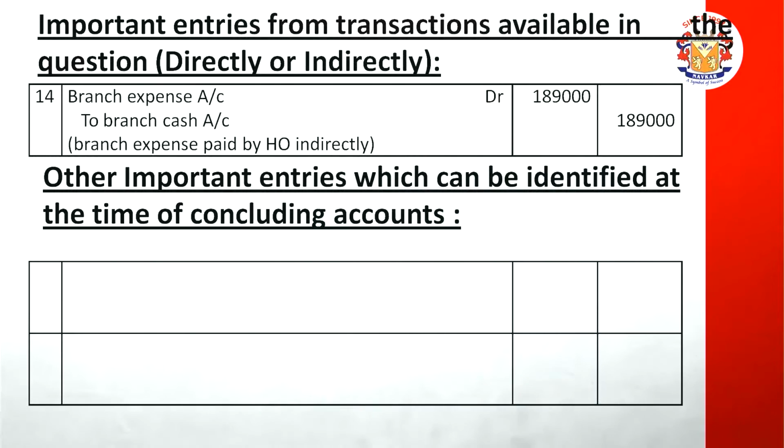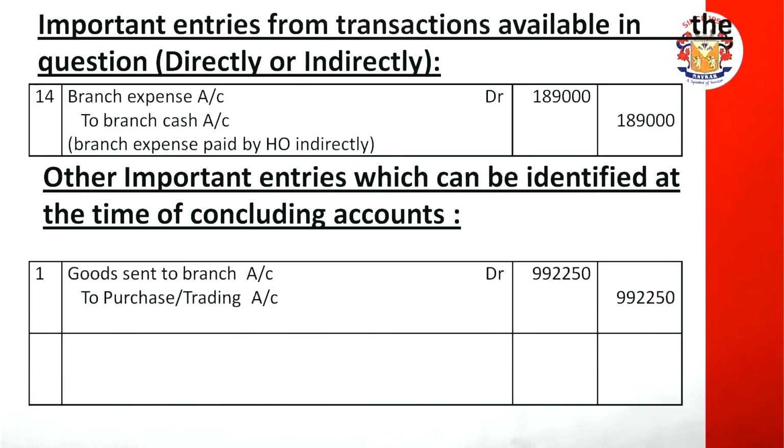Let us focus on other important entries which can be identified at the time of concluding accounts. At the time of concluding goods sent to branch account, you will get 992250 on the debit side of goods sent to branch account.